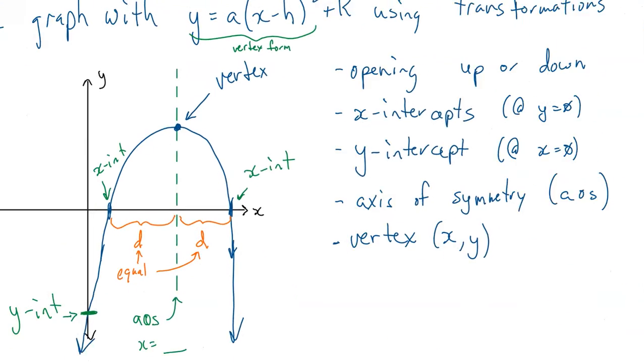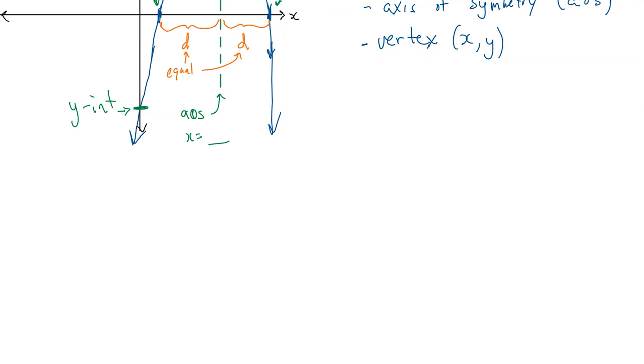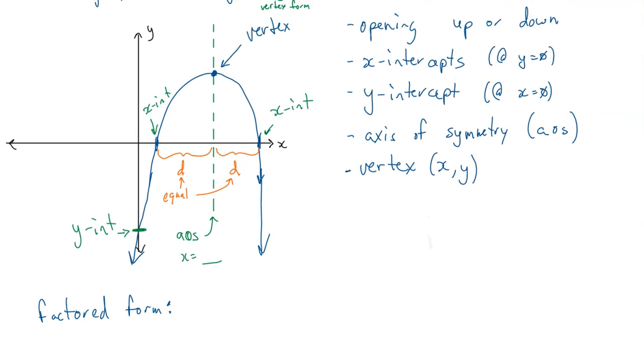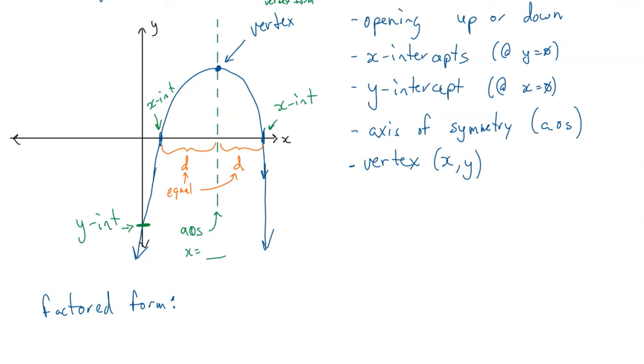But now we're going to be using factored form. So what this lesson is all about is how do we use factored form to get these details that I've listed off on the right? How do I get those properties from factored form?